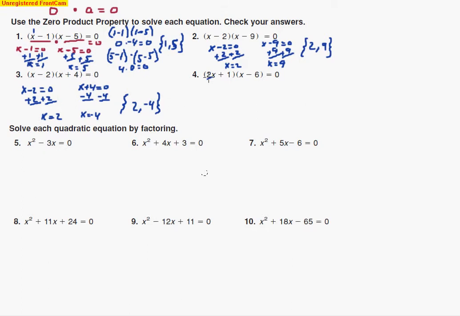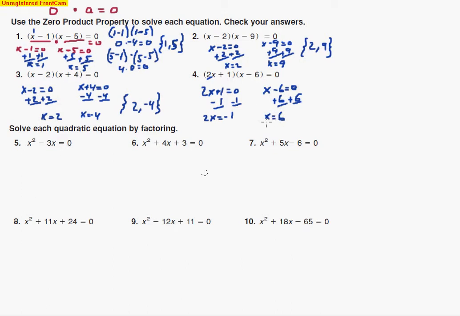This next one's a little bit tougher because of this 2x here. So remember, you've got 2x plus 1 equals 0, and over here we've got x minus 6 equals 0. So we're setting them both equal to 0. Doing some work there, you have to subtract the 1, and we have 2x equals negative 1. Over on this side, we add the 6, and we have x equals 6.